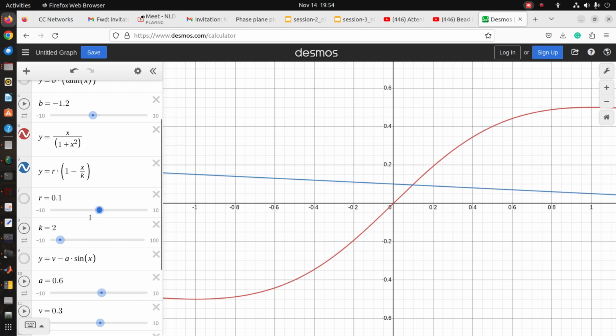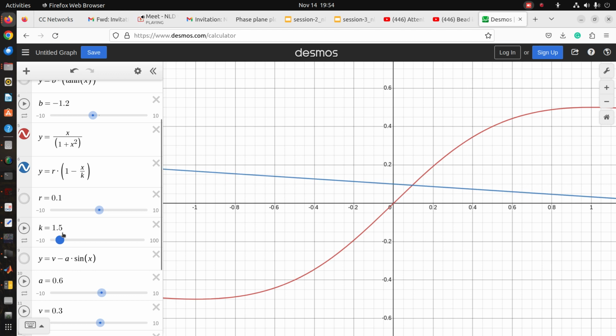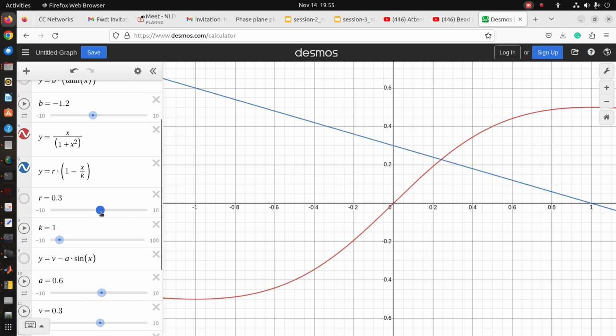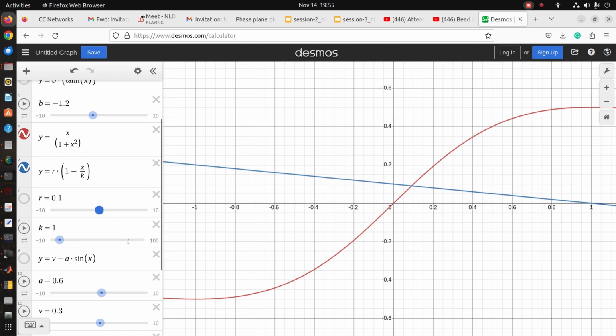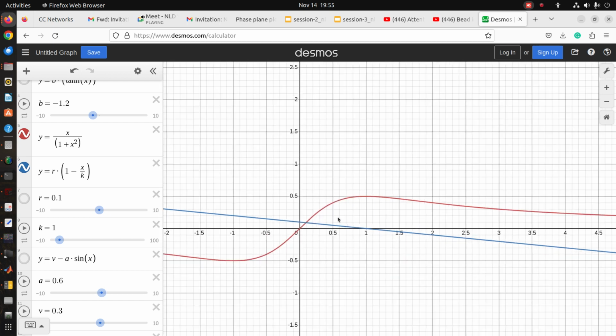Say when your r value is somewhere here, I just try to keep the values that are present, and now if you change the r values, you can see the dynamics changing. The red color represents the x/(1 + x²) equation, and the blue color represents the r(1 - x/k) value.